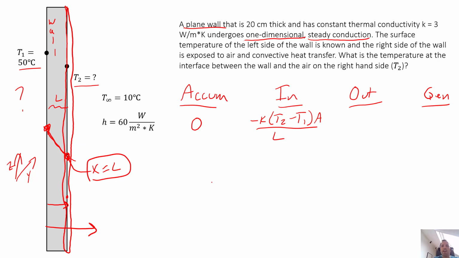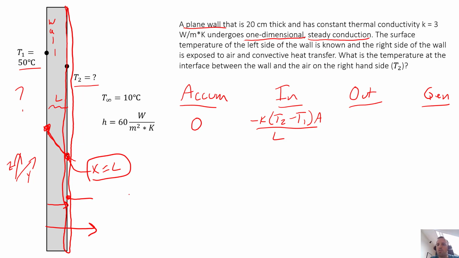All right, let's think about now our out term. How is energy getting out of our control surface? It's coming from this surface and it's leaving across the boundary. How is it leaving? Well, that is by convection. So our out term is going to happen from that surface at the interface out to the right into this air by convection.